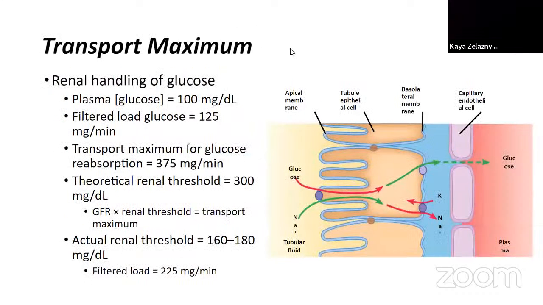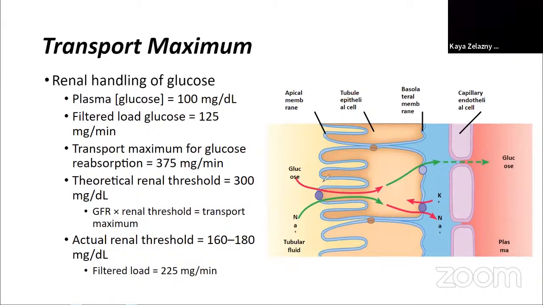Okay, so what we see here, right, is that movement of glucose. And this may look, ooh, you who took bio of the cell, this figure may look a little familiar to you. So what we see happening here is secondary active transport of glucose, right?